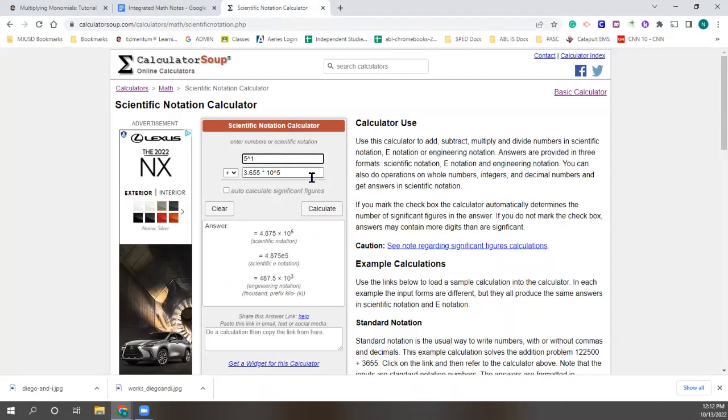So we know that should just be 5 multiplied by 5 exponent, what was it?